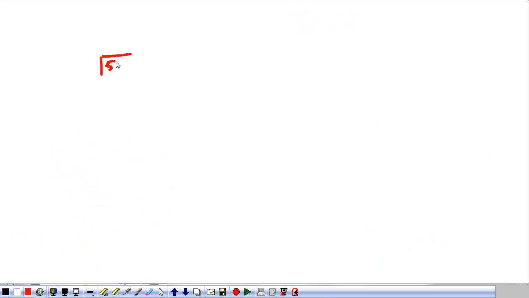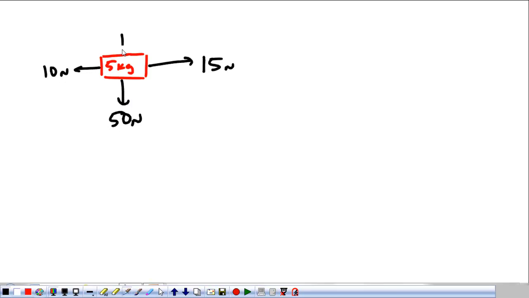So let's look at a quick example of that. Let's say we have a 5 kilogram mass. Let's say we have 4 forces acting on it. We have 15 newtons this way, 10 newtons this way, 50 newtons down, and 50 newtons up. Now, just to give us a hint of what may be coming up, this is a free body diagram.